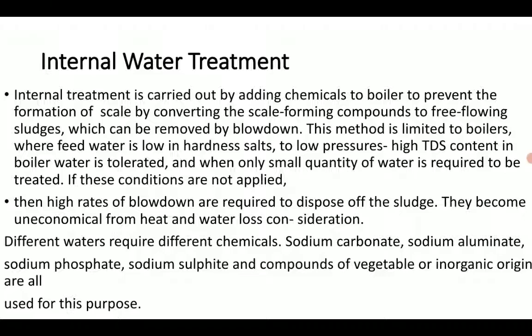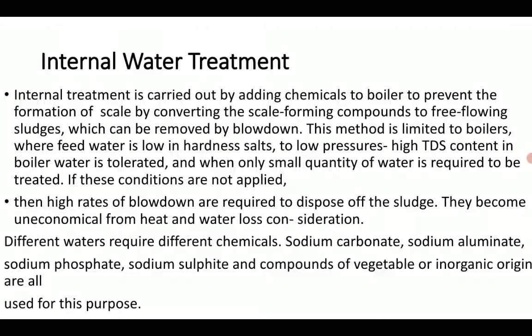So different waters require different chemicals. This is also one more important point. Sodium carbonate, sodium aluminate, sodium phosphate, sodium sulfate, and compounds of vegetable and inorganic origin are all used for this purpose.